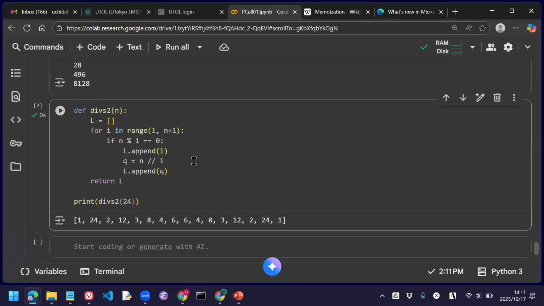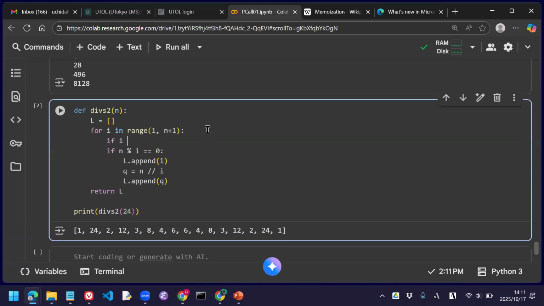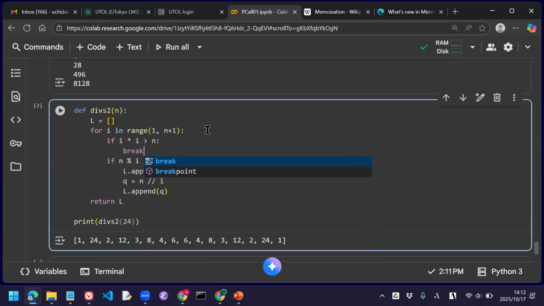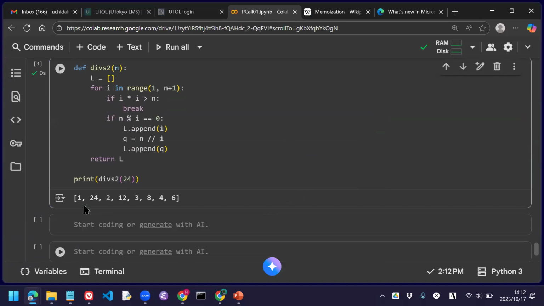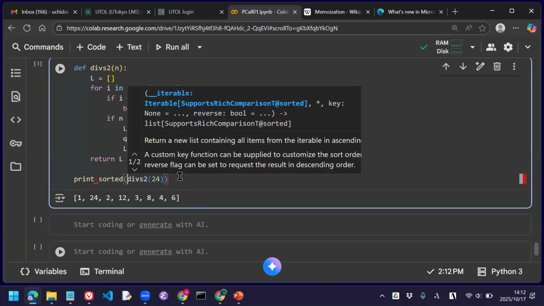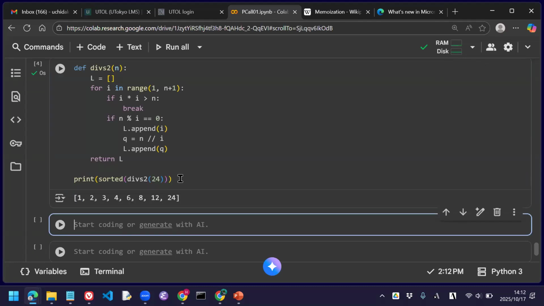So one idea is, if i squared is greater than n, maybe we can break. That's one thing. Okay? Let's see how it works. Oh, good, very good. So 1, 24, 2, 12, 3, 8, 4, 6. To check it easier, sorted would help us check that faster. But anyway, this is fine.